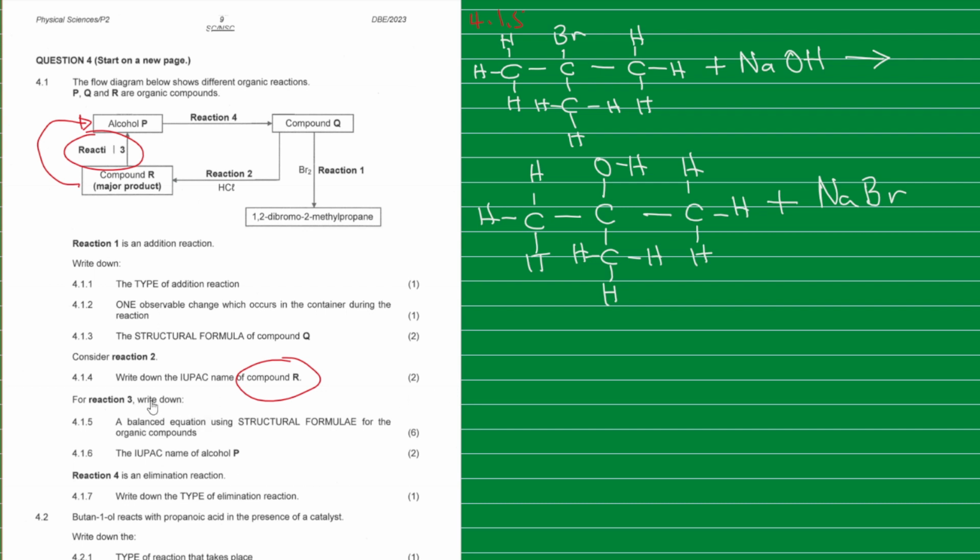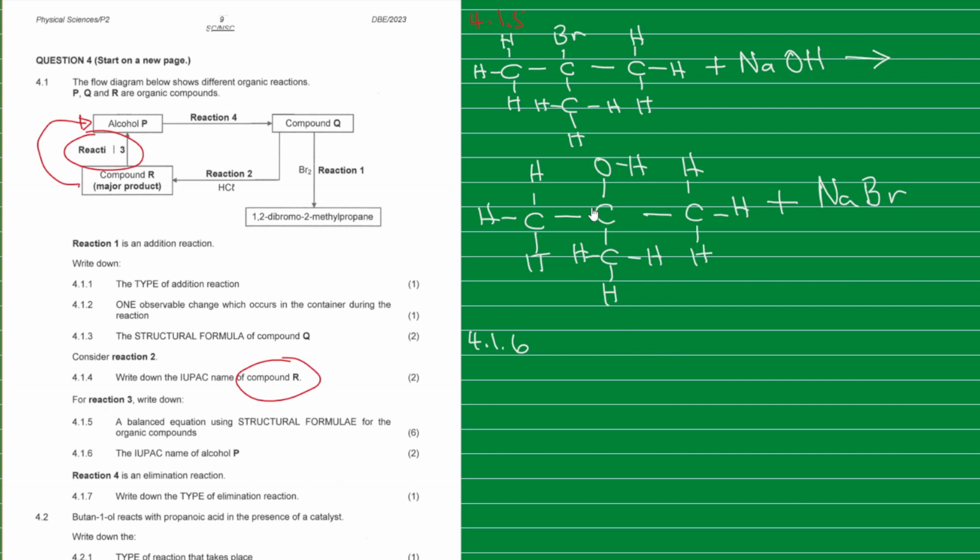And then for the same reaction 3, we are required to write down the IUPAC name of alcohol P. So what will be this alcohol? Okay, what is the name for that? So 4.16. Again, it's a propanol. But as you know from the nomenclature of naming hydrocarbons, for our propanol, we have to indicate where our hydroxyl is, because hydroxyl is the functional group.